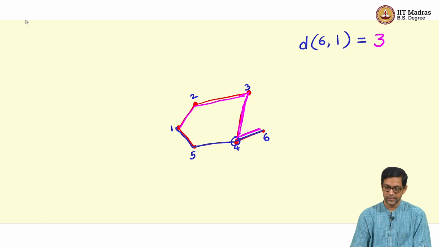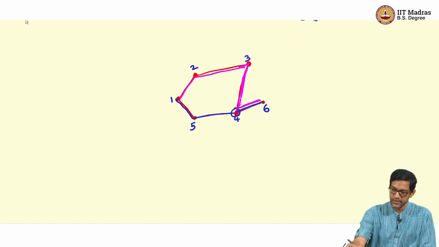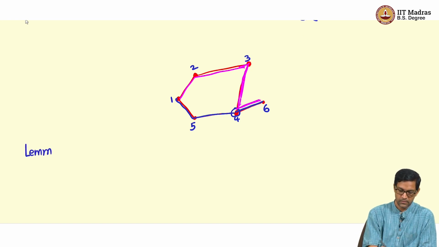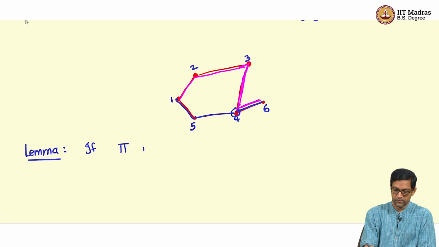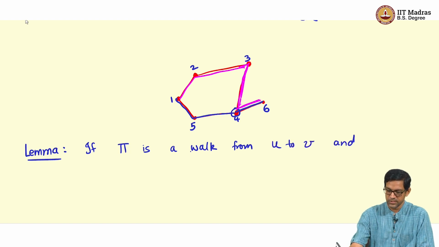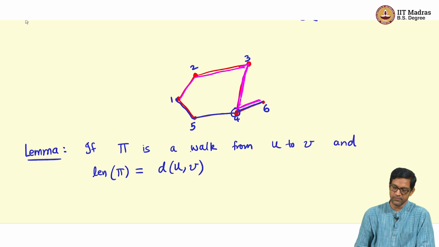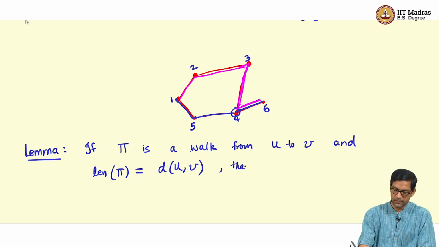Okay, so now here is our little lemma. If you take a minimum length walk between 2 points, if pi is a walk from u to v, and suppose its length is the minimum of all possibilities, in other words, this is what we call the distance, that is, the length of pi equals the distance between those points, then pi is not just a walk, it is actually a path.